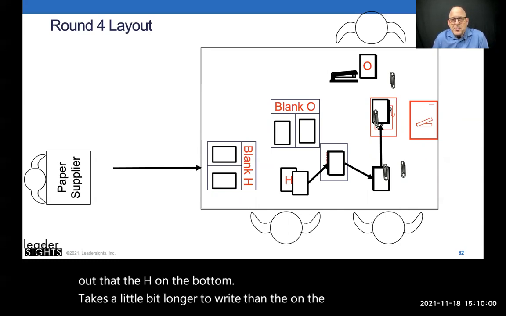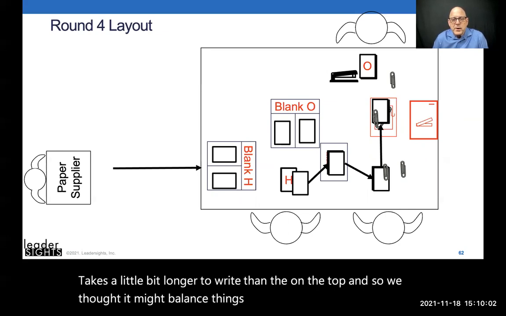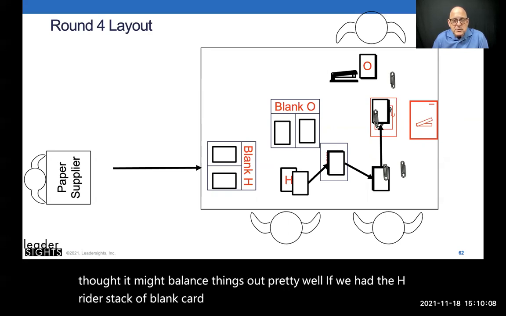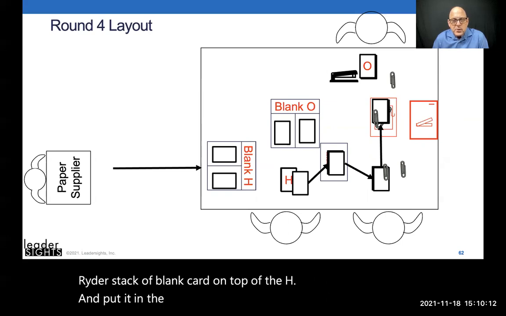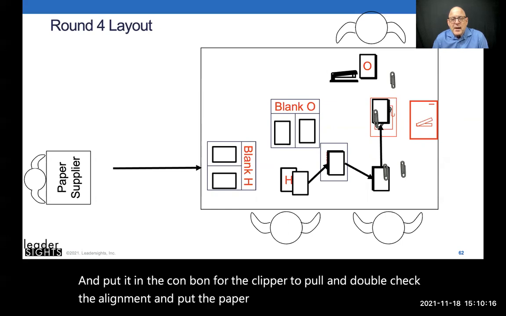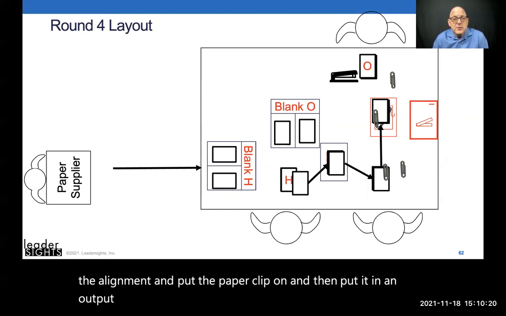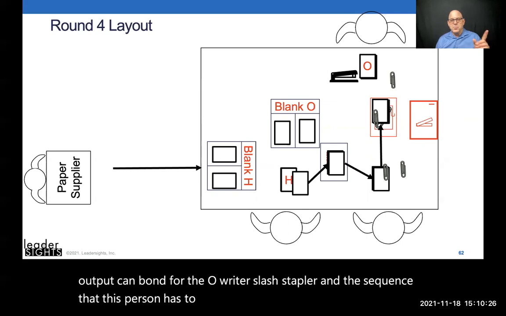And so we thought it might balance things out pretty well if we had the H writer stack a blank card on top of the H and put it in the Kanban for the clipper to pull and double check the alignment and put the paper clip on, and then put it in an output Kanban for the O-writer / stapler.